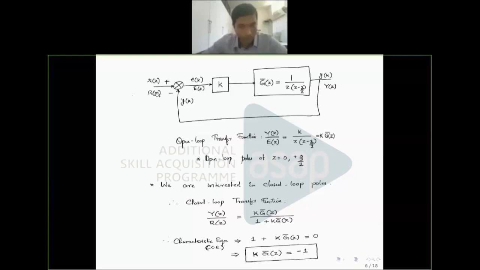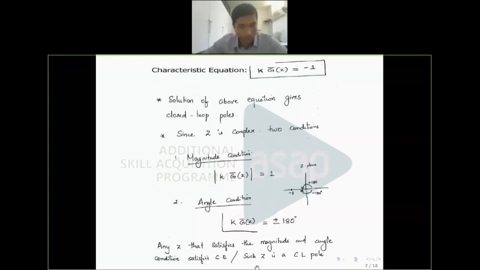If you are giving a step input to the reference, what will be the output? It depends upon the closed loop poles. If you fix some k, let's say k is equal to 1, the closed loop poles are given by the solution of this equation, g bar z equal to minus 1.